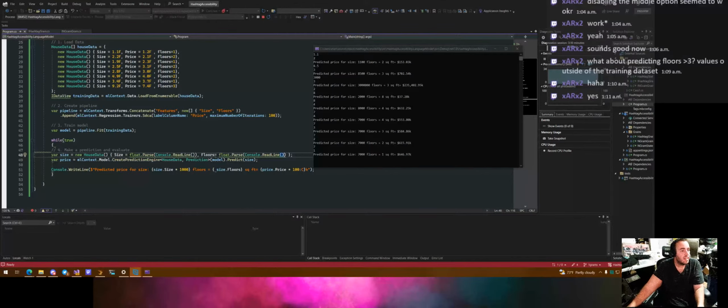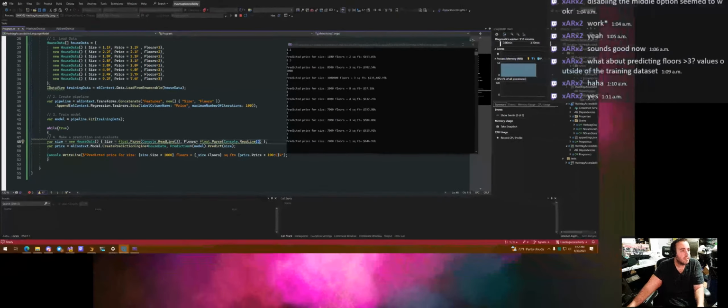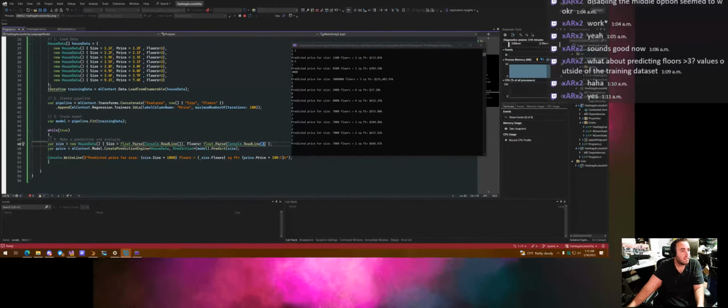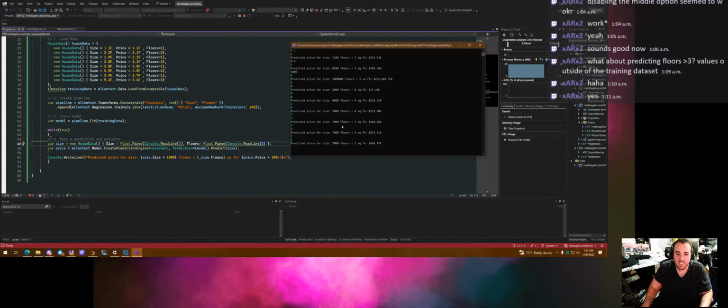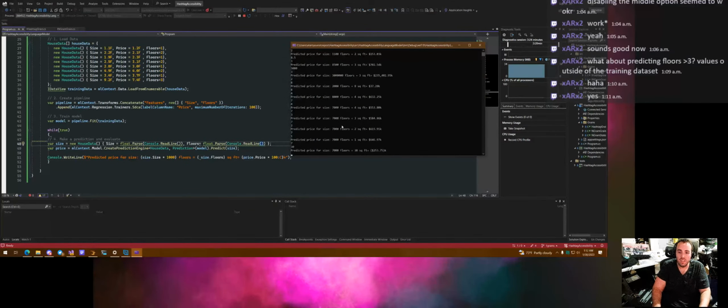All right, anything else we want to play with this one? Yeah, they're going to pay you to take a 7,000 square foot house with 30 floors. They're going to pay you. So that goes both directions.